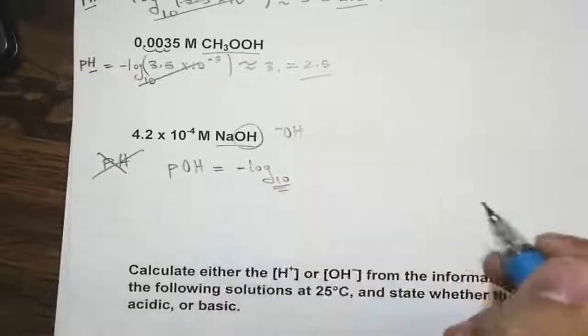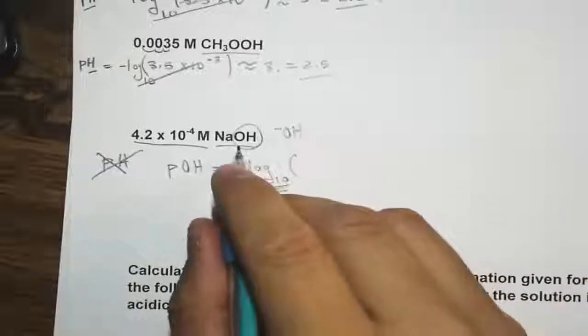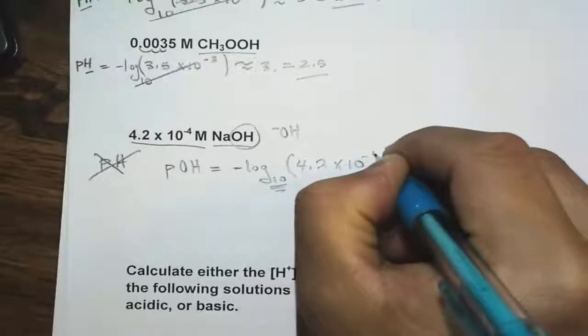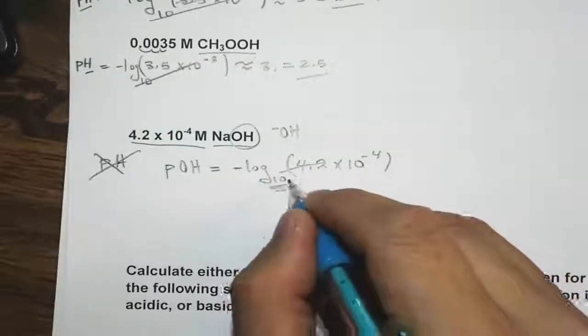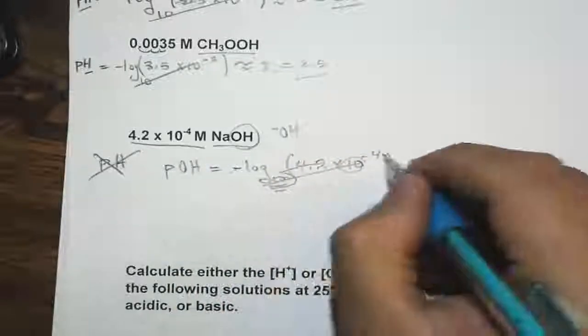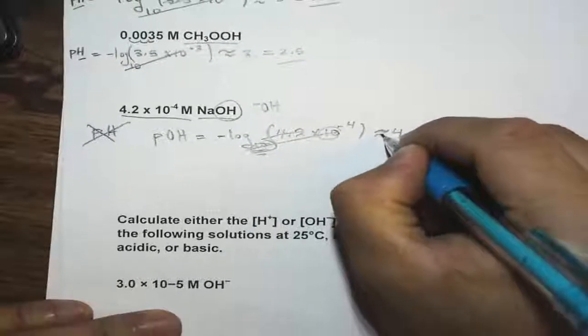Well, remember this is base 10, and that is going to be the negative log of the concentration of this base, which is 4.2 times 10 to the negative 4. And of course this can be ignored, and we focus on this 10 and that 10 canceling out equal to 1, and the negative and negative, of course it's going to be a 4. So this is our estimation.